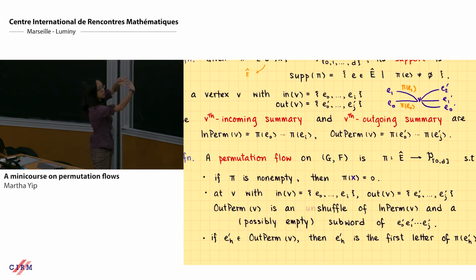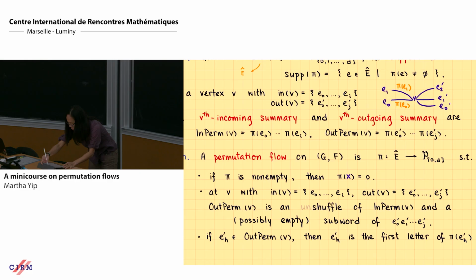You have a deck of cards and you just put them together, maintaining the relative order. One more condition: let's say I've chosen some subword of this to shuffle with my incoming permutation. If one of these letters is shuffled into the outgoing permutation, then it must be the first letter on its edge.